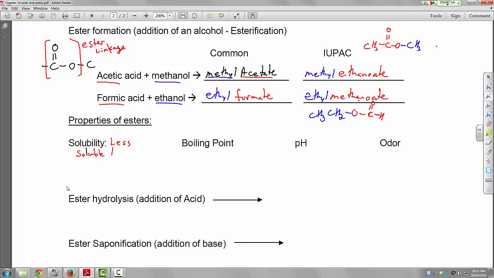Acids are the most soluble, the most polar. Esters are somewhere around the polarity of an ether. So they're slightly soluble in water, but not nearly as soluble as an acid or an alcohol. They're also less dense.